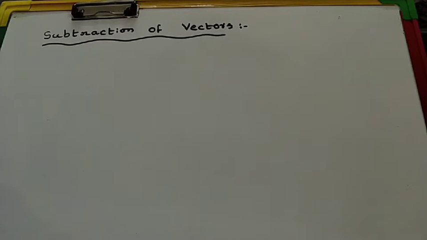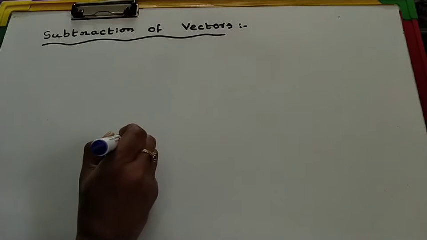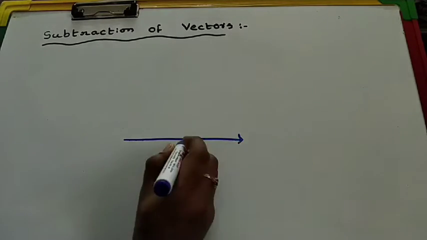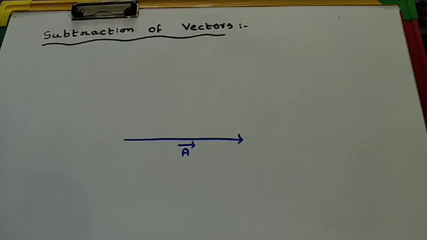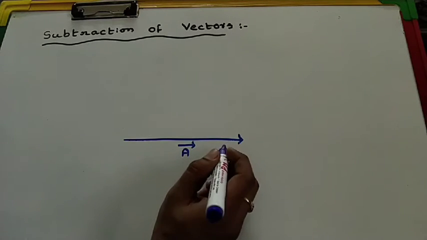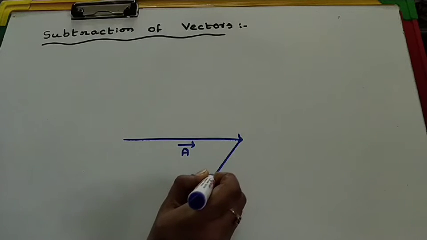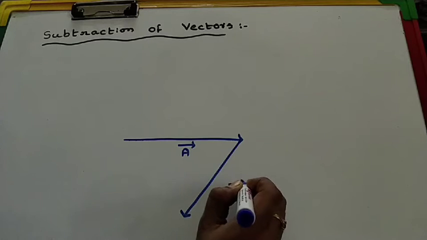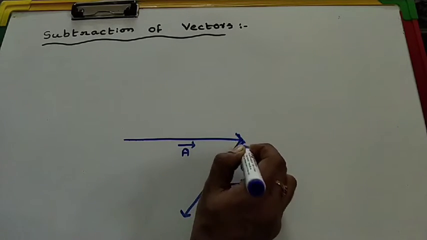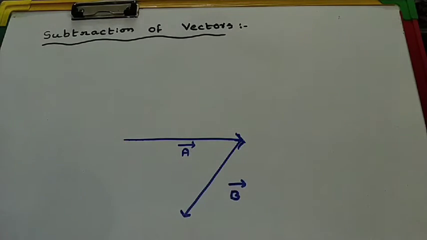At first, take a vector A. This is a vector A. Now take another vector B, that is in this direction, B. This is a B vector. This is A vector. This is B vector.